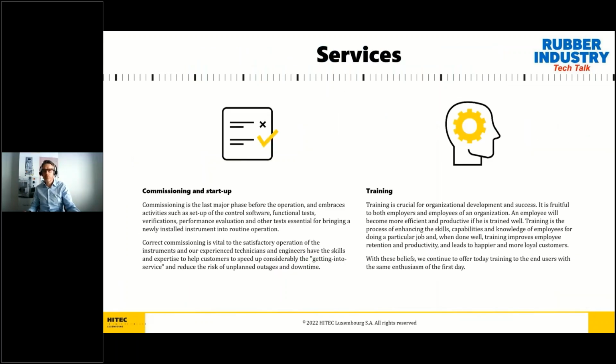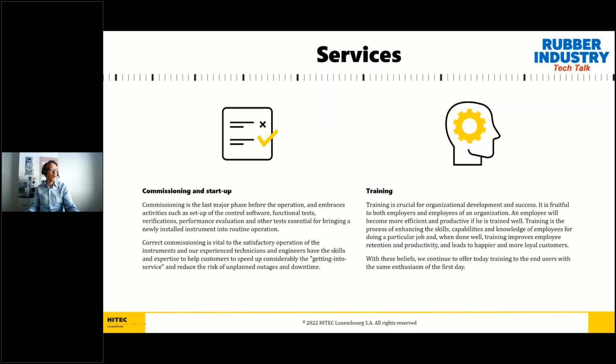At Hitech, we also consider the customer experience, the customer service, and after-sales service an important part of the success of our business. The services are as important as the product. We act accordingly, and we are able to offer custom tailored services.